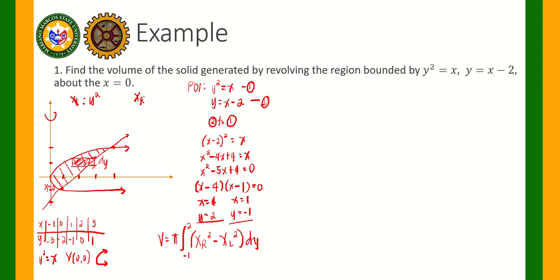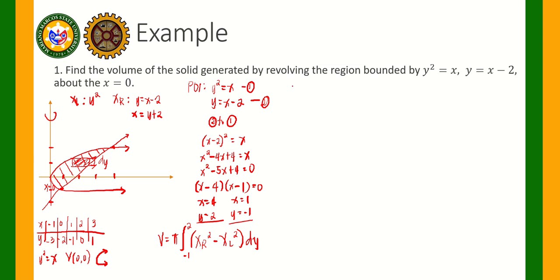For our xr naman, xr natin is kunin natin dito. Y equal to x minus 2. So, y equal to x minus 2, what is the value of x? If we manipulate this one, x is equal to, transpose natin si negative 2, that is y plus 2. So, this is our xr.